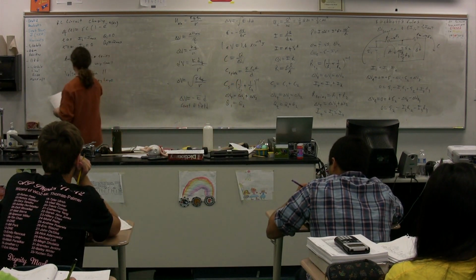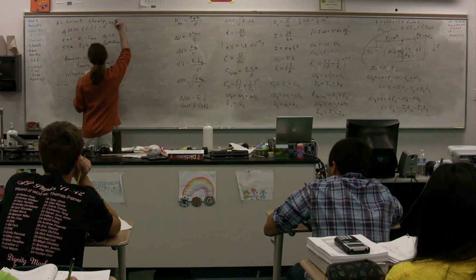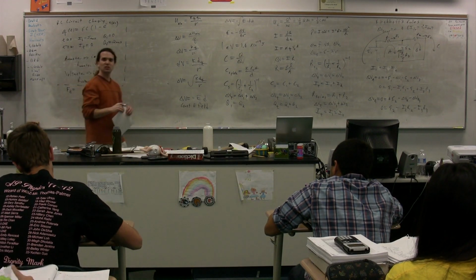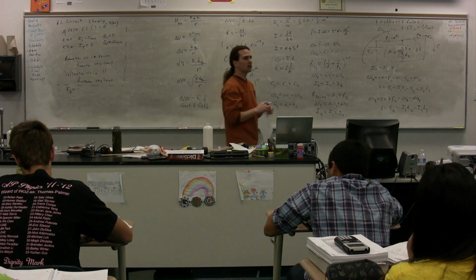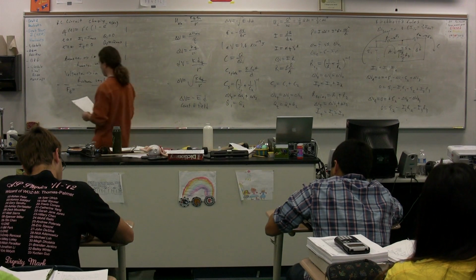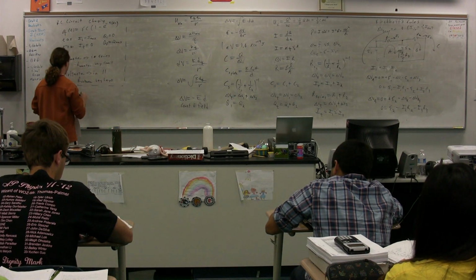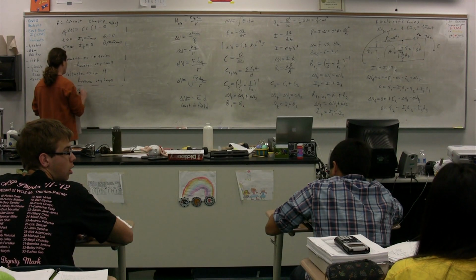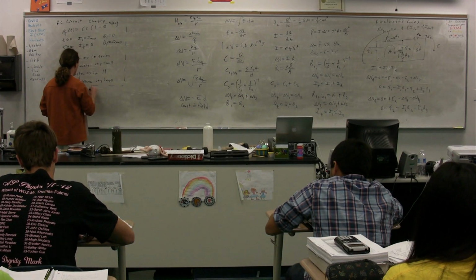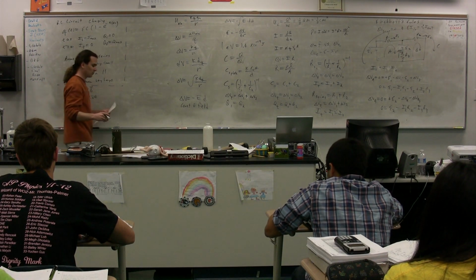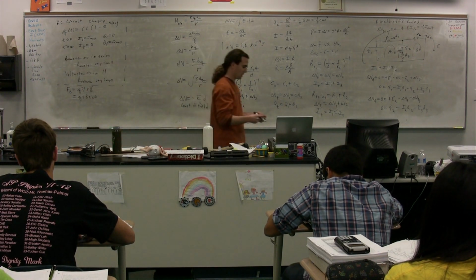All right, that brings us to magnetism. The magnetic force. We have the magnetic force on a moving charge in a magnetic field. The force is qv cross B, or if you prefer qvB sine theta, depending on whether you're working with unit vectors or not.